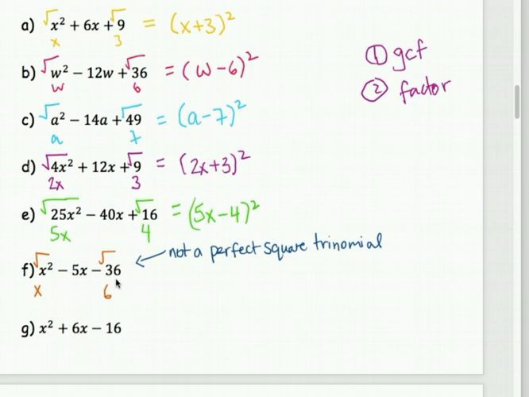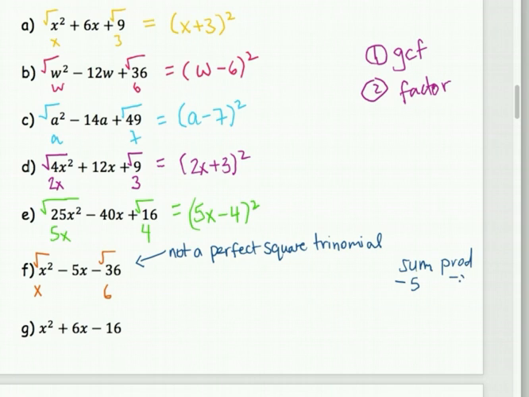So, since it's not a perfect square trinomial, you go back to what you were doing before, where you are analyzing. So that means I have to do the product sum table. Okay, so the sum of -5 and the product of -36.